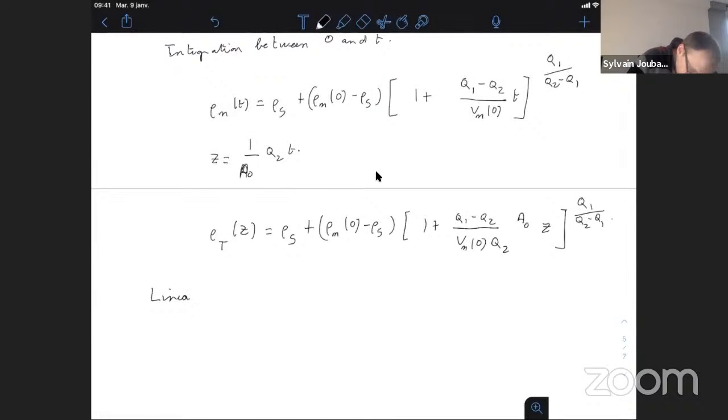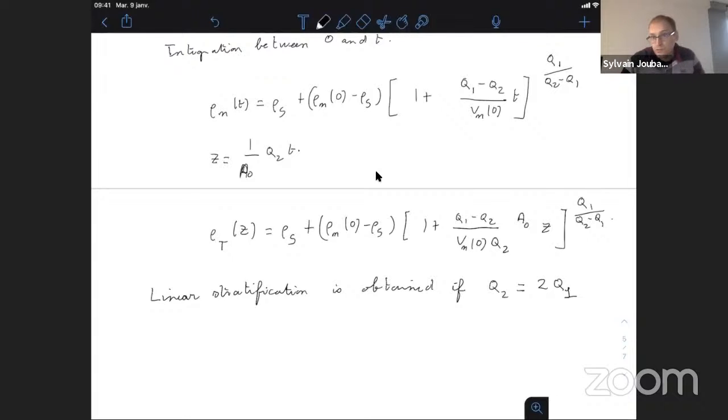A linear stratification is obtained if Q2 is 2 times Q1. Basically, you want Q1 divided by (Q2 minus Q1) to be 1.